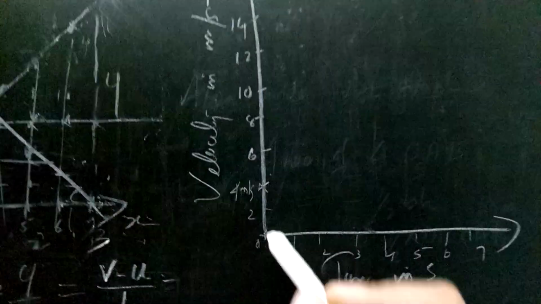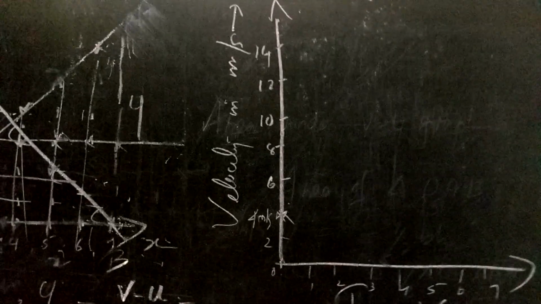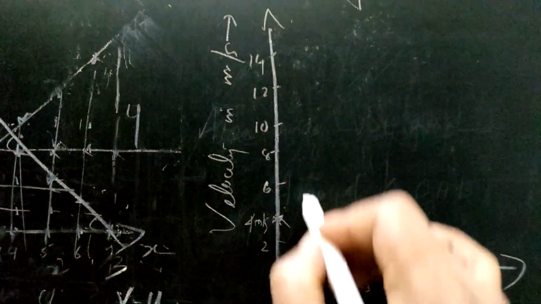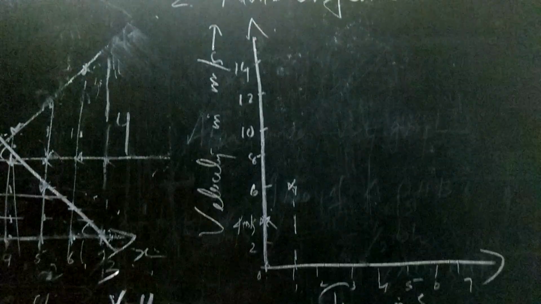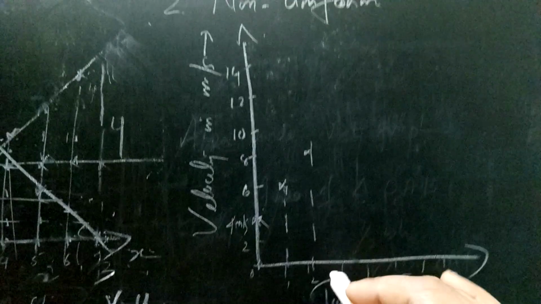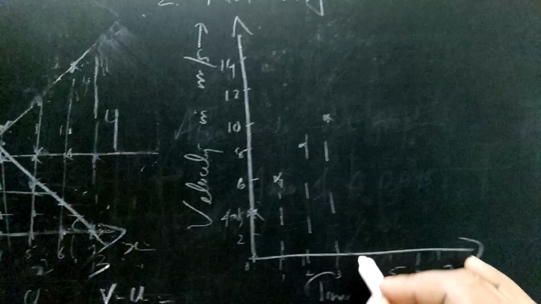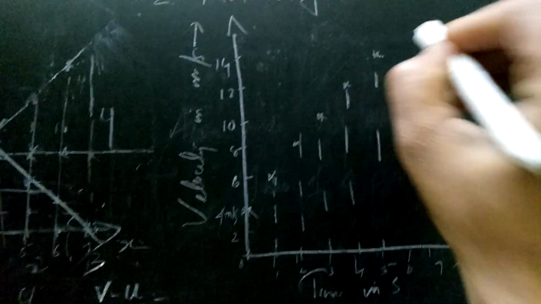Suppose this object has an initial velocity of 4 meter per second, then its velocity goes on increasing uniformly: next it may be 6 meter per second, then 8, 10, 12, and 14.